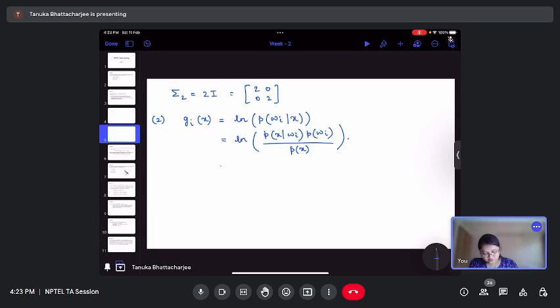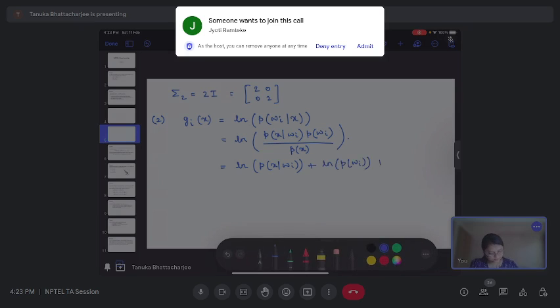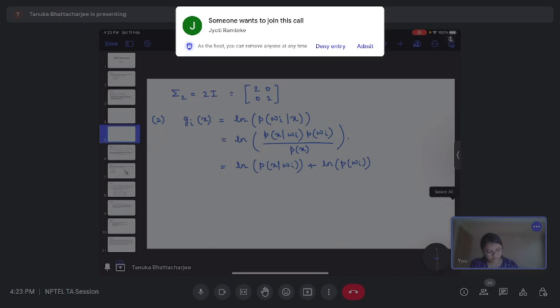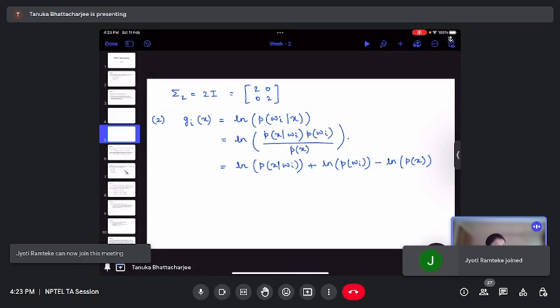If you further simplify this, it becomes ln of p of x given omega i plus ln of p of omega i minus ln of p of x. So this is basically the discriminant function for the ith class.